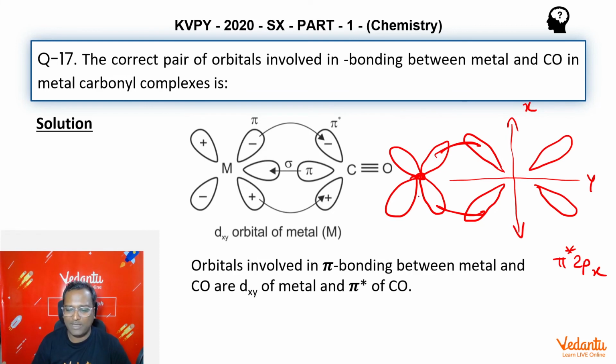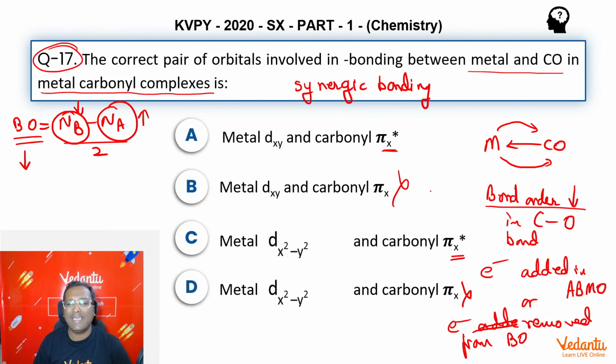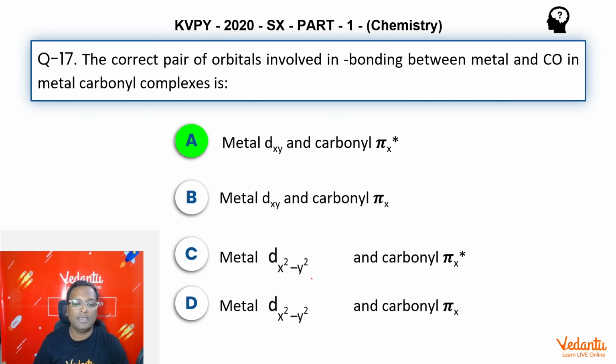That means I have to have the orbital shape like this. Now, what is so special about this orbital shape? If you see, the speciality about this orbital is that it is a non-axial orbital in the xy plane. So coming back to the options, where do you have a non-axial orbital in the xy plane? Non-axial orbital is dxy. So this is also cancelled. This is also cancelled. Hence, our answer here is A.